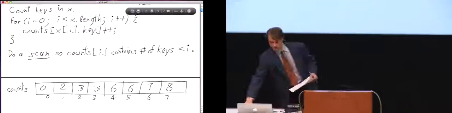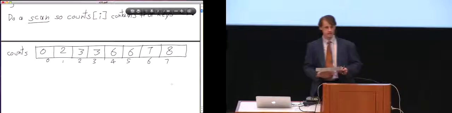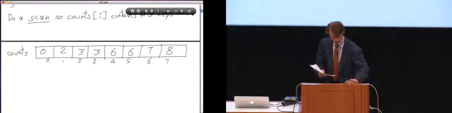So here is the code that computes that scan. And so this code comes right after the counting code I just showed you.